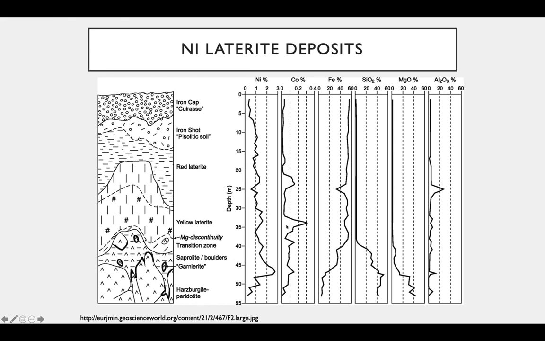Cobalt might be a bit further up in the sequence in the laterite zone, and you can see here the iron concentration progressively decreases because iron is being residually enriched further up. Silica is leached, and aluminium, we have a broad peak here, but these rocks are generally poor in aluminium, so they're unlikely to present as a bauxite deposit.